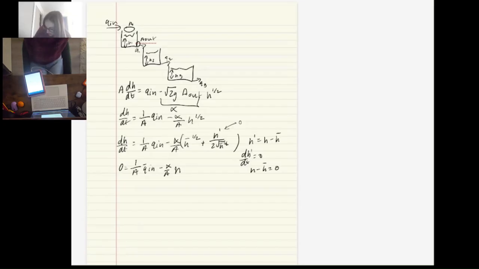We have h bar to the 1/2. So our Qn is at steady state, and h bar to the 1/2 is at this 0.